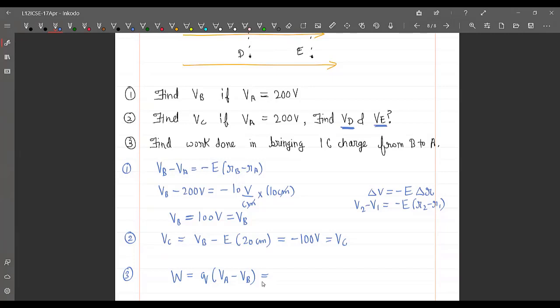What's the answer for this? 100 joules. So 1 coulomb into VA minus VB, that is 200 minus 100. Potential can be written as joules per coulomb. So that is 100 joules. So positive work is done.